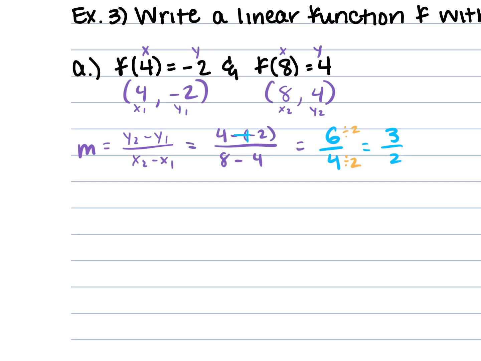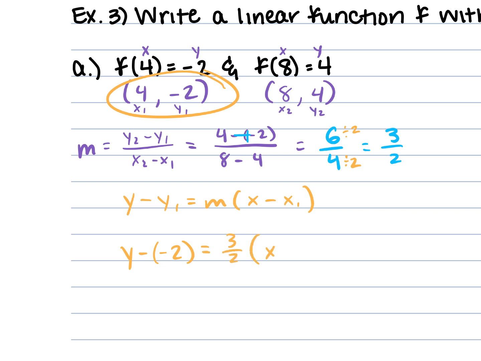What's next? Put it into point slope form. So y minus y1 is equal to m times x minus x1. So I'm going to plug in my first point as my x1 and y1. So I have y minus negative 2 is equal to 3 over 2 times x minus 4.